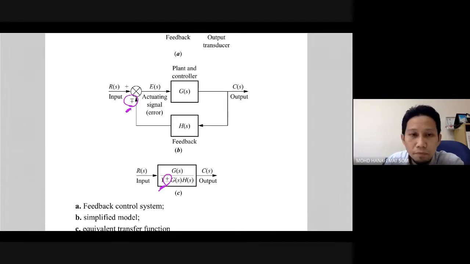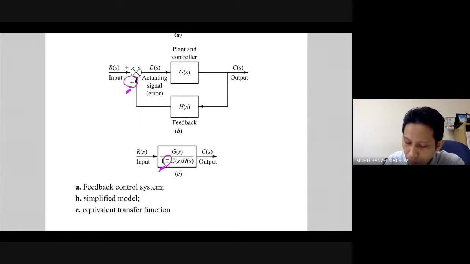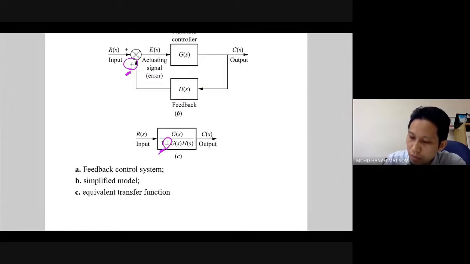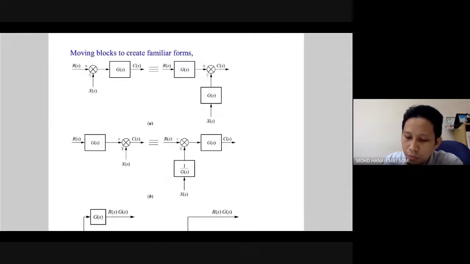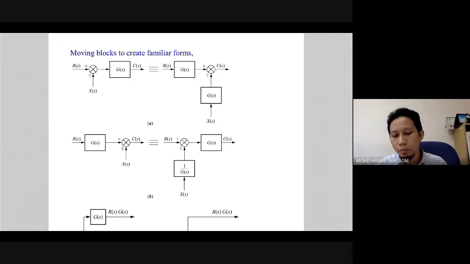Take note of that. So you have learned about the feedback control system, the simplified model, and the equivalent transfer function here. In the next topic, I will teach you about moving blocks to create familiar forms.